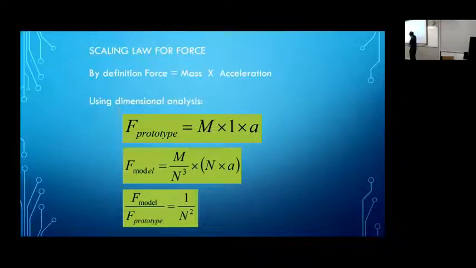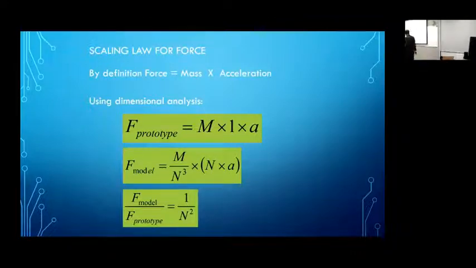So the force in the big prototype structure is mass times acceleration. In the model, we know the mass is going to be m over n cubed, and the acceleration is going to be n times larger, right? So if I plug those in, I can relate the force in the model and the prototype, and the scaling law for force is 1 over n squared.